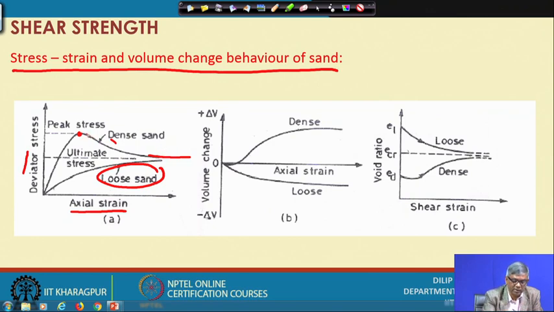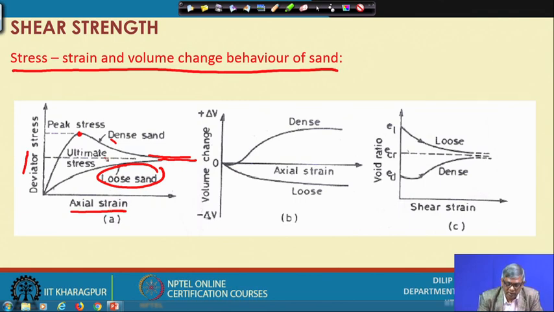So, the dense sand reaches a peak and then drops to a constant value, while the loose sand continuously increases and finally reaches the same value. This is the shear stress behavior of loose and dense sand.